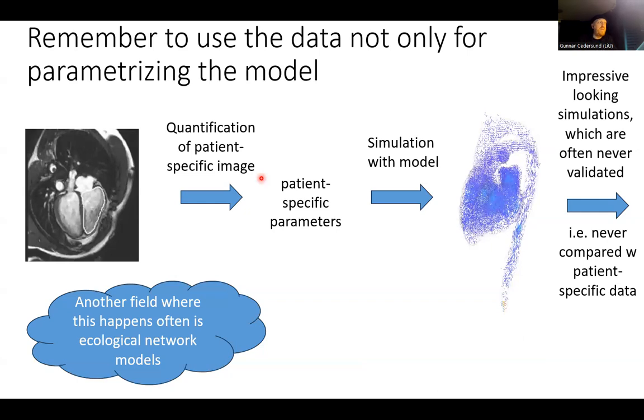One other field where this very rarely happens is in ecological network models. And both of these are used to make really important decisions about what happens in the body of a person, or what happens when we do things in society to our ecological networks, how this affects how we implement laws and how we think about what we do to nature.